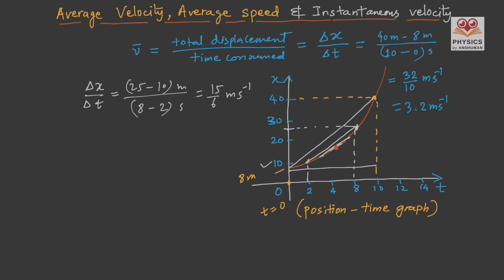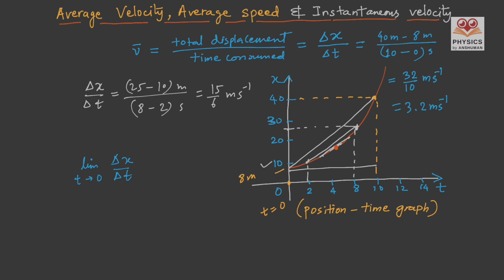Mathematically we can write it as: if we reduce the time, we take the limit of delta t going to 0, we approach 0 for the duration of the time. Then what happens with the ratio delta x by delta t?